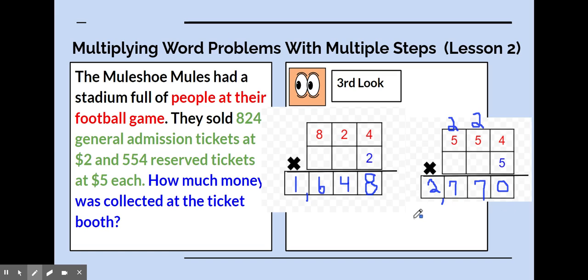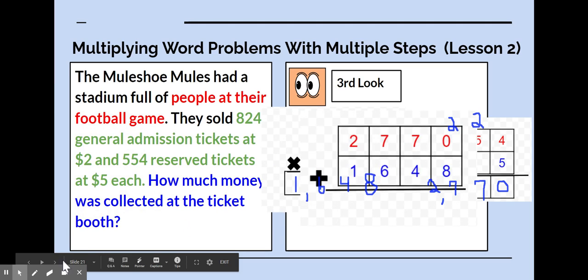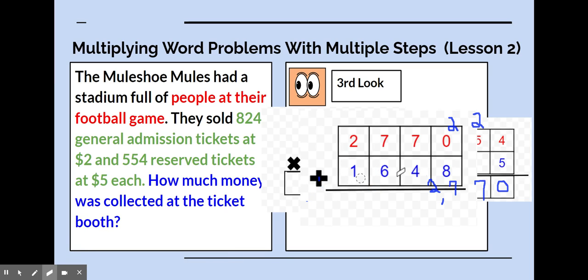After solving both multiplication problems, we need to add both products to get a total amount of money collected for both types of tickets. Let me erase some of these numbers so that we can see. So we are going to add 2,770 with 1,648.